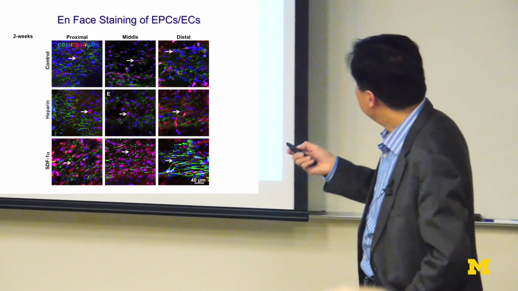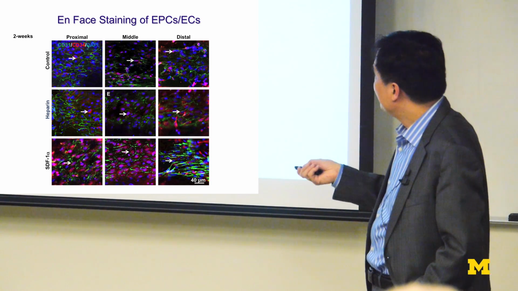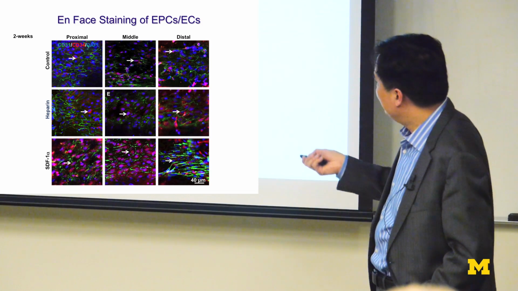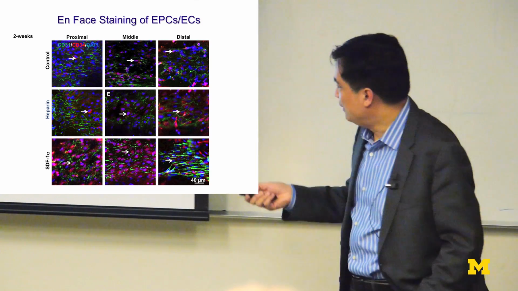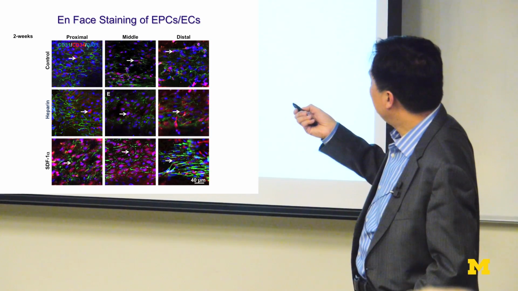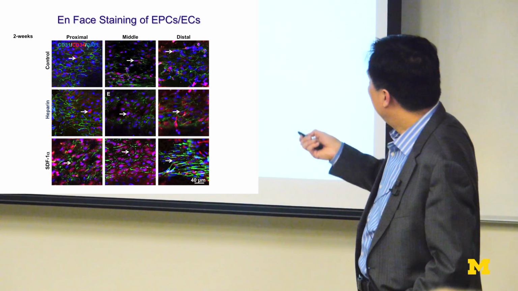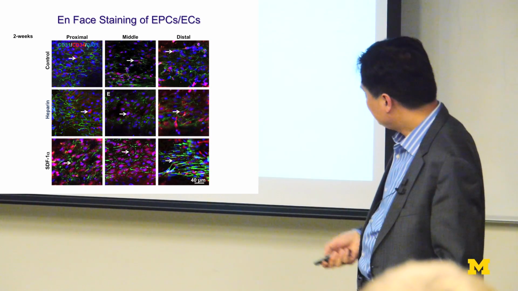So what is different is in the middle of the grafts. When you have SDF1, actually I didn't show the 1 week data here, you have more recruitment of endothelial progenitors. And these cells differentiate into endothelial cells because they were positive for CD34, and during differentiation at a certain time period they are positive for both markers as shown here.